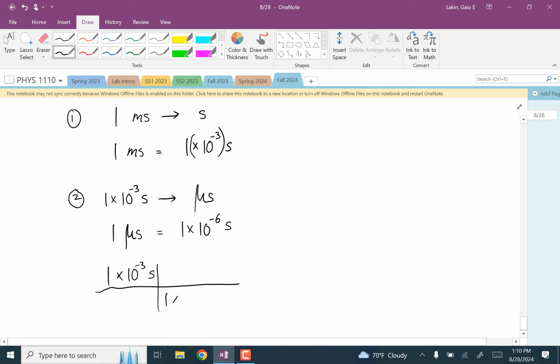So we want 1 times 10 to the minus 6 seconds down there, 1 microsecond on top. The seconds cancel. And we get 1 times 10 to the third microseconds. Anybody have any questions about that?